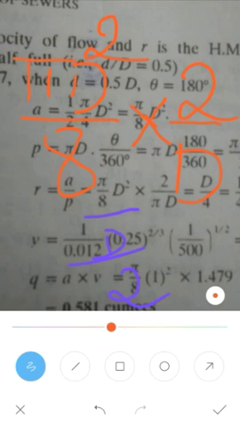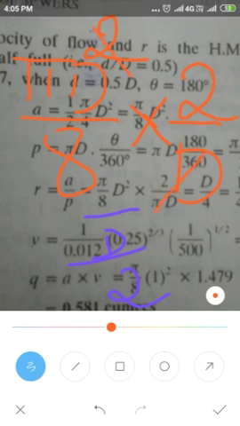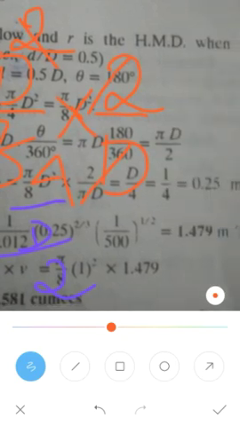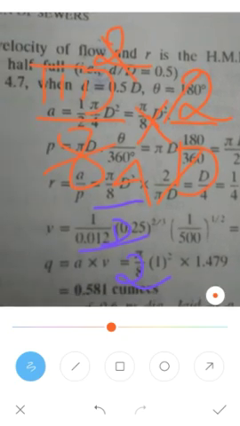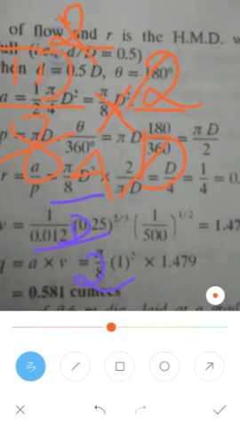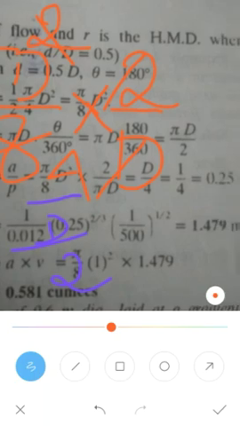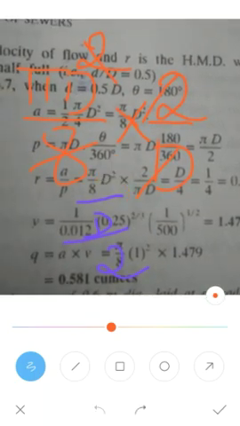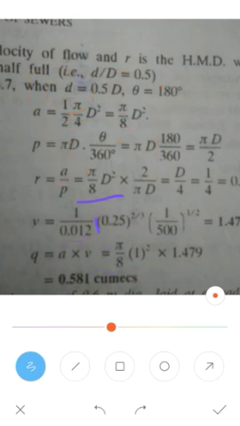After cancelling, d square and d will get cancelled. Everything will get cancelled. So this is the final.